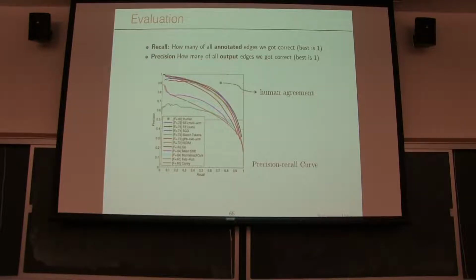This was at the time of the publication in 2013. So they were doing a very decent job, much better than Canny, not yet close to human performance. We are getting much closer now in the more modern papers, sometimes even better. Okay, questions?